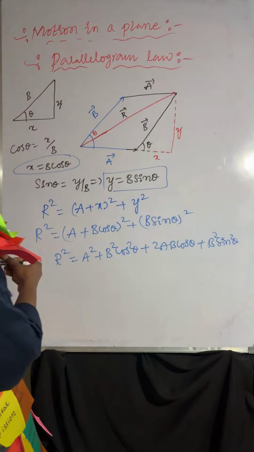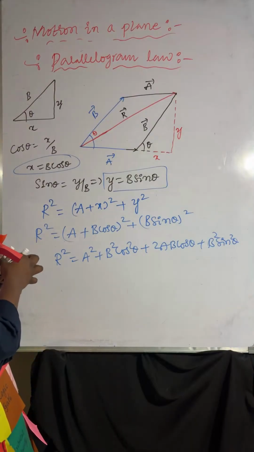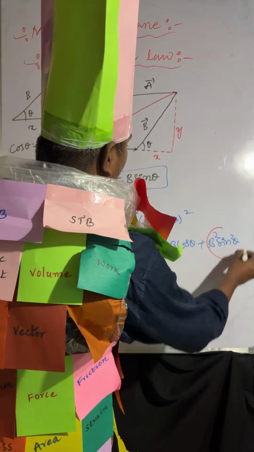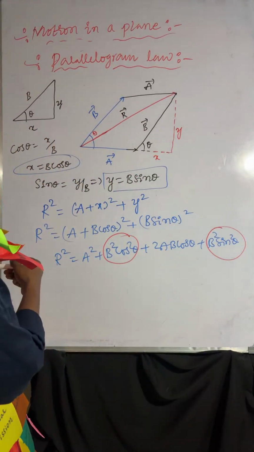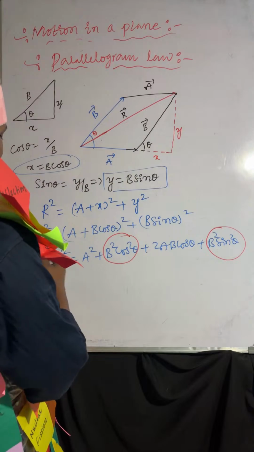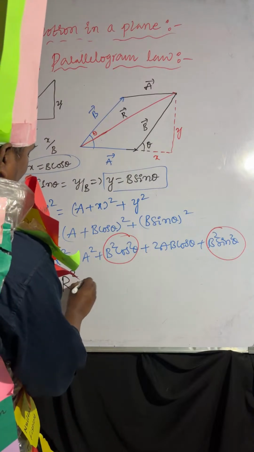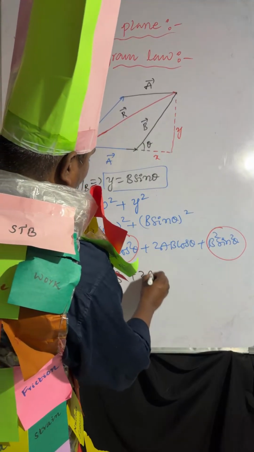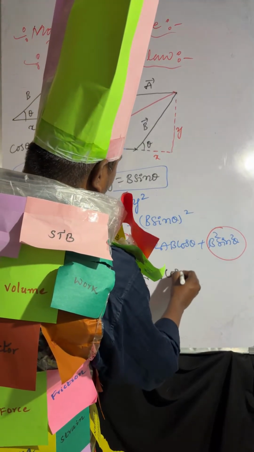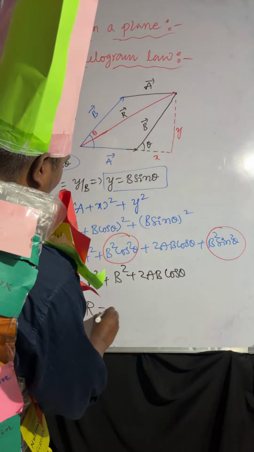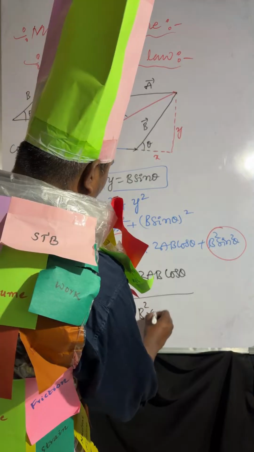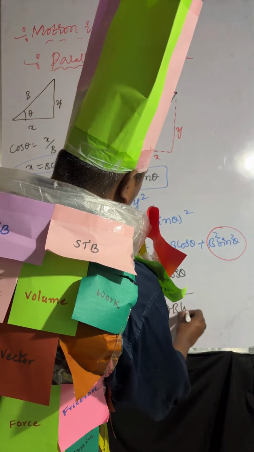We know that sin square theta plus cos square theta equals 1. So in these two terms, B square is taken common. Then R square equals A square plus B square plus 2AB cos theta. So R equals root over A square plus B square plus 2AB cos theta.